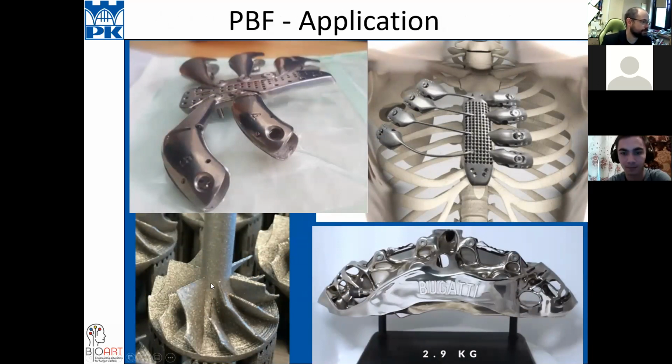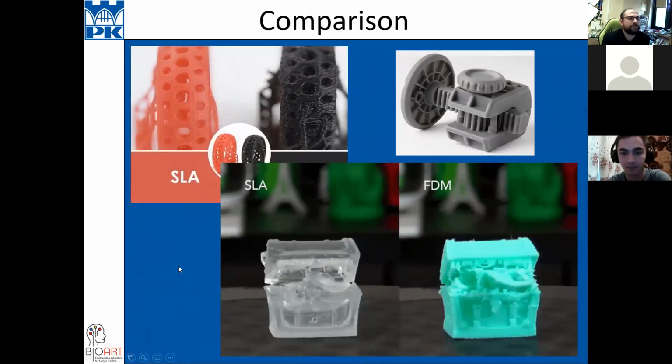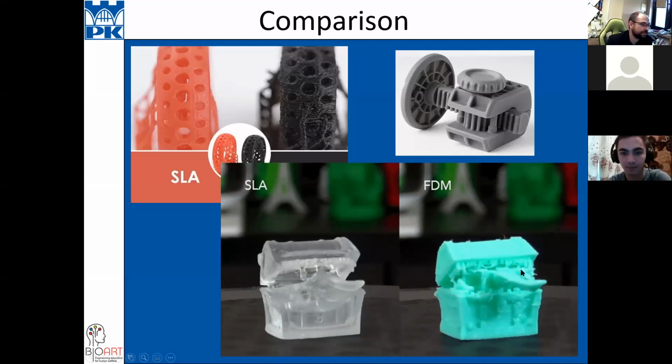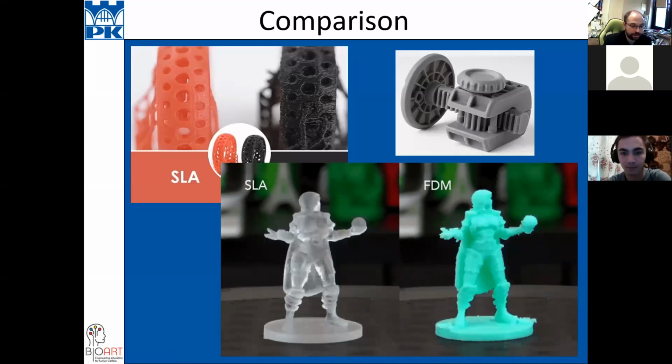Here we have some comparison between SLA and FDM, but you shouldn't believe this part of this presentation, because here is very low quality of the FDM. If you print something with FDM, you know that you can get higher precision.